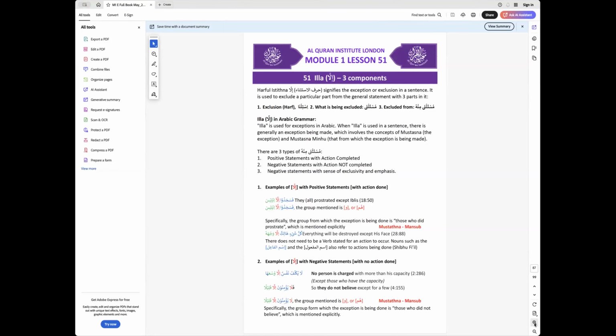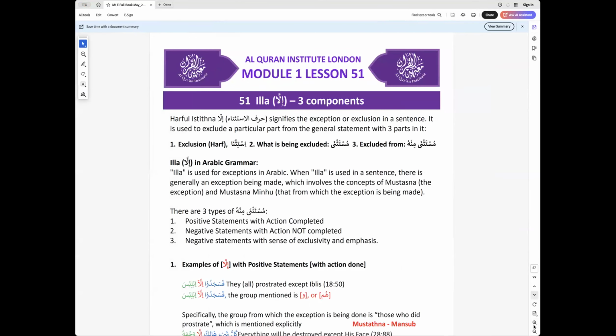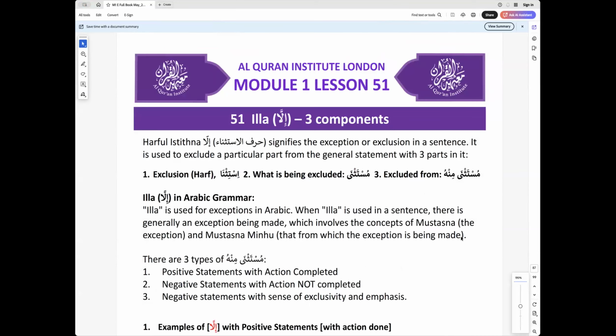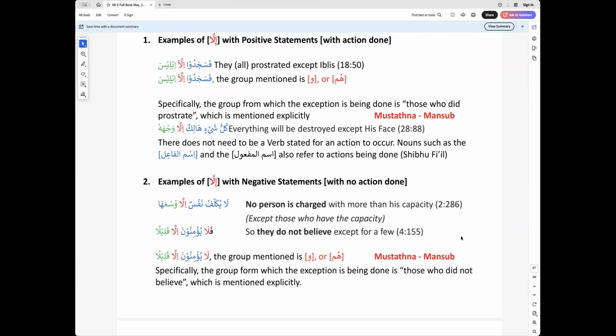Okay. Look at this. Example number one, as I said, Fasajadu illa iblisa, positive statement, action completed. And this is in mansub, mustasna in mansub, iblisa. Okay, green, iblisa. Second one, negative statements, action not completed.